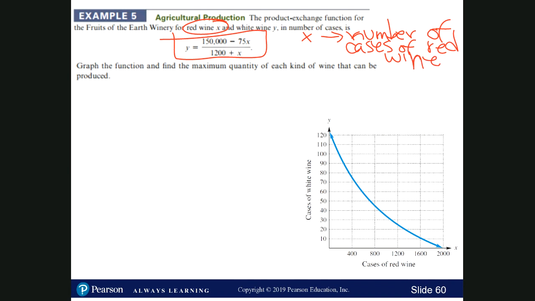Because these two types of wine are being produced at the same factory, you could produce all red wine, all white wine, or a combination of the two. Based on the problem, the number of cases of white wine is going to be given by the variable y. Again, this is the number of cases, not bottles, of white wine.